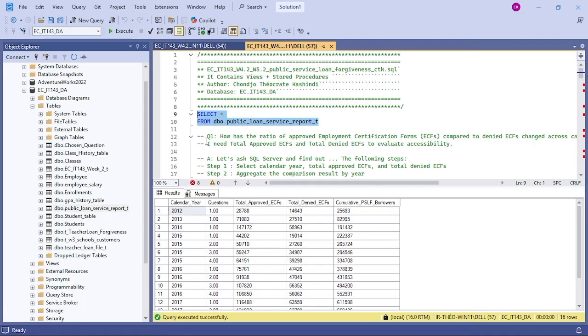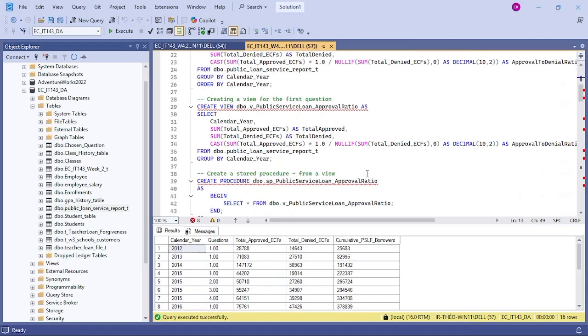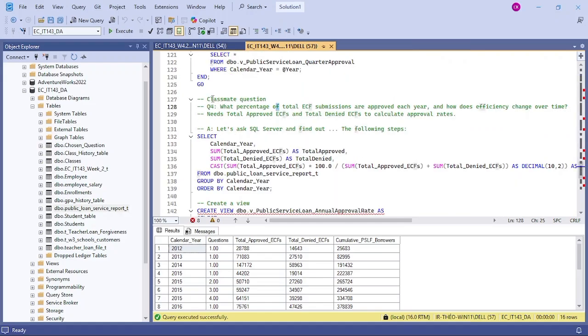The first question was for fetching the total approved forms and total deemed forms to evaluate accessibility, while the fourth question was to find total approved forms and total deemed forms to calculate the approval rate.